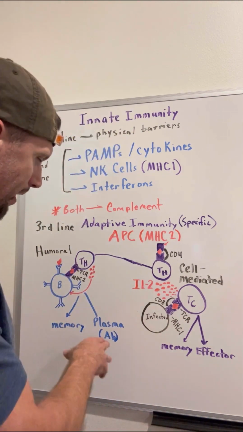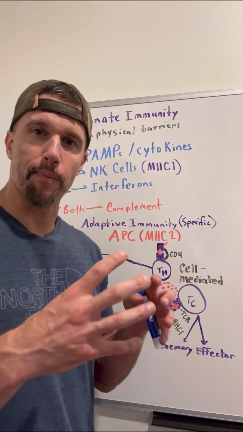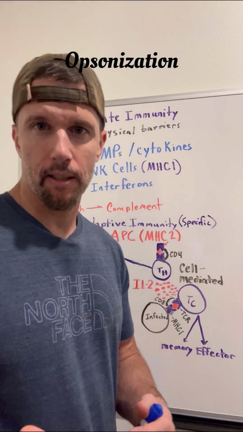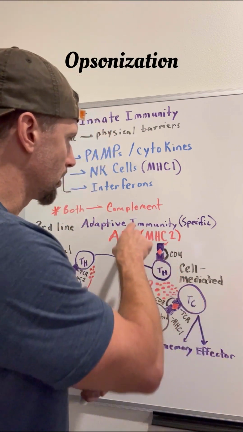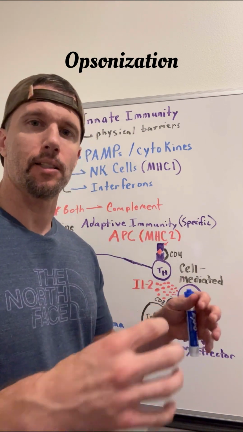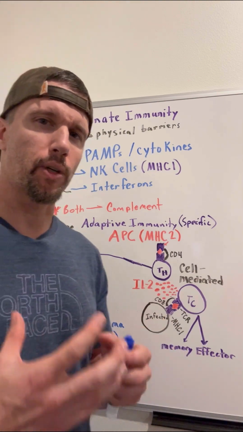And so these antibodies will be released, and they'll go and they'll find the pathogen and they'll coat the pathogen. It's called opsonization. And when this happens, these complement proteins recognize that and they get activated, and so they'll latch on and cause the kill. The antibodies themselves don't kill the pathogen.